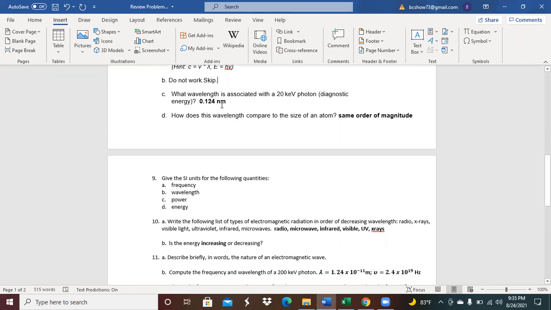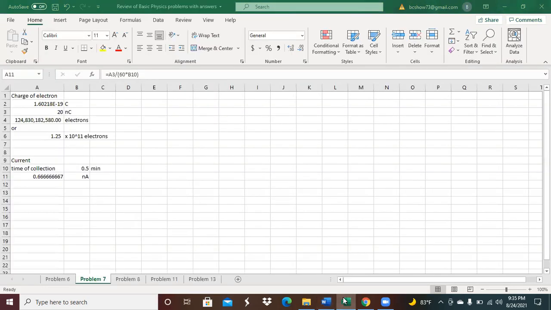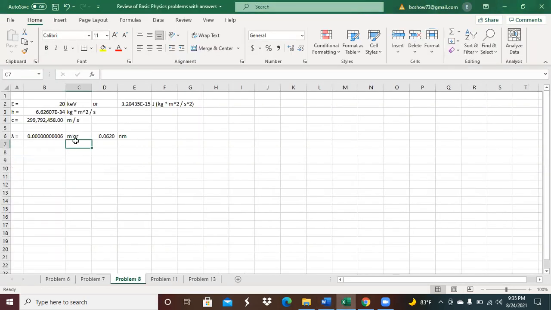All right. So what wavelength is going to be associated with a 20 keV proton? We have 20 keV. If you convert keV to joules, or the other units here that go along with it, and let's see, we're wondering what the wavelength is.